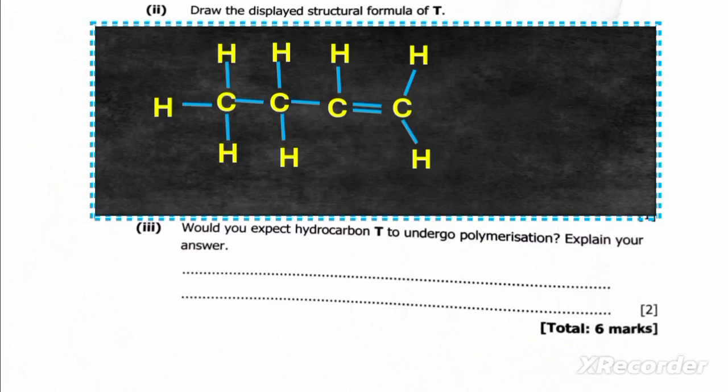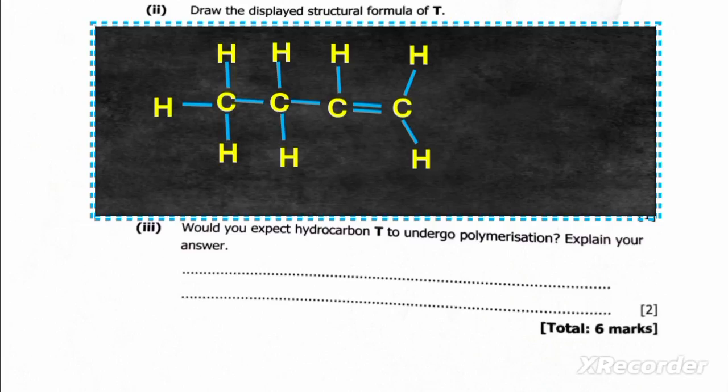We move to the next question, which is Roman numeral 3. Would you expect hydrocarbon T to undergo polymerization? Explain your answer. Yes, T can undergo polymerization. Reason being, it has a double bond.